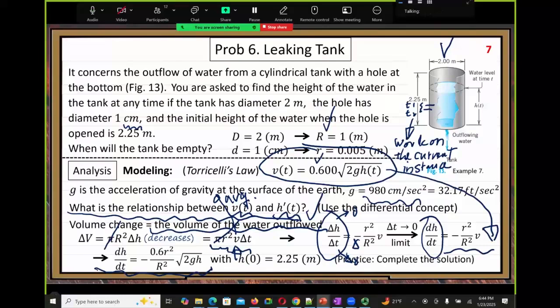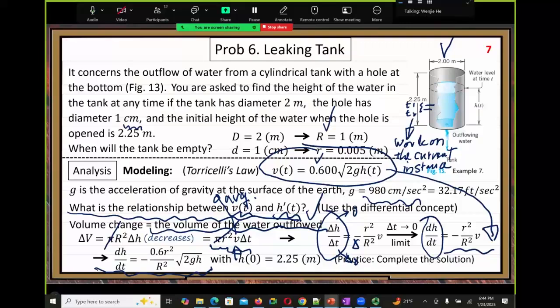Any question? Ask yourself, can you solve it? All these numbers are given: little r given, capital R given, g known.